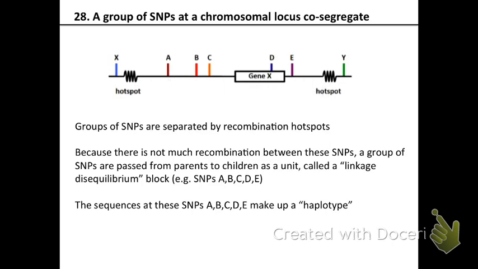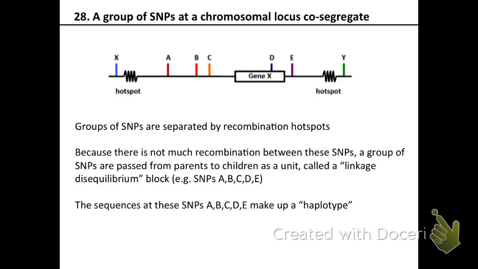During meiosis, when the chromosomes are exchanged and shuffled up, that exchanging occurs through DNA strand breaks, okay? These hotspots are the locations where a lot of DNA strand breaks occur. Because of this, the sequences here don't get shuffled very much, because they don't get crossed over.